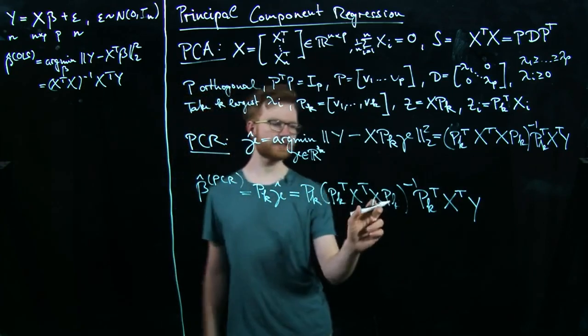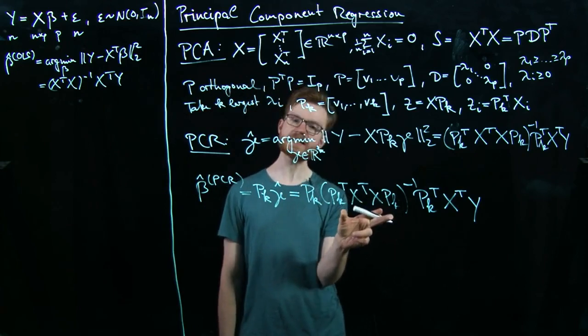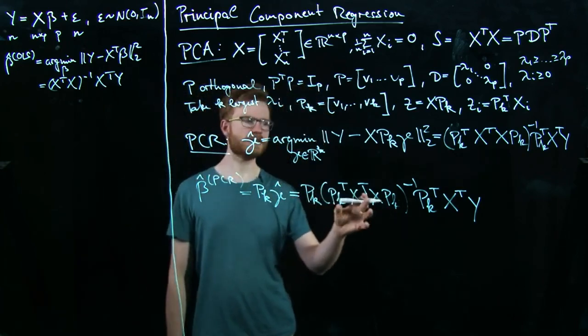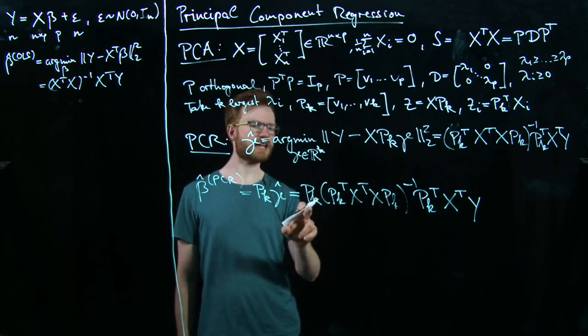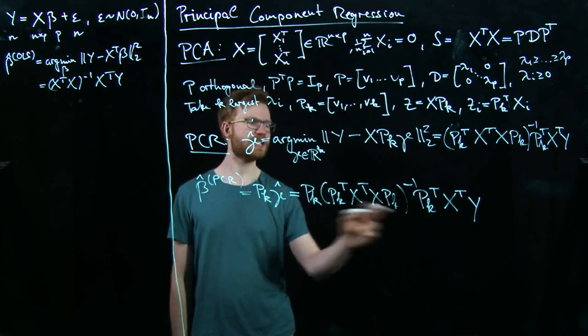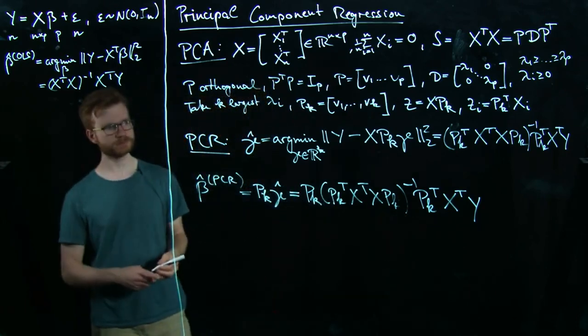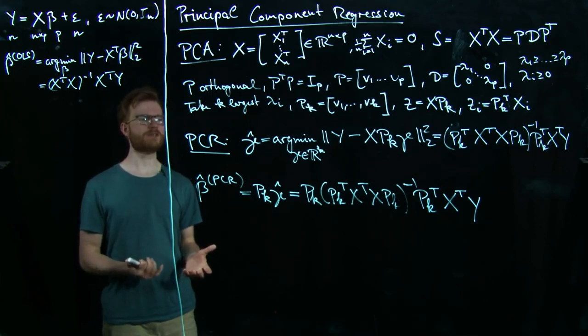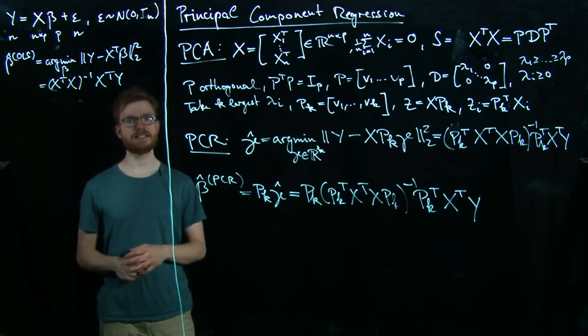This is taking the original matrix and then projecting it down to a much smaller space, inverting it there, and then pulling it back, basically projecting it back to the original space with P_k and P_k transpose. So now I have a much better chance of actually inverting the matrix and getting an estimator.